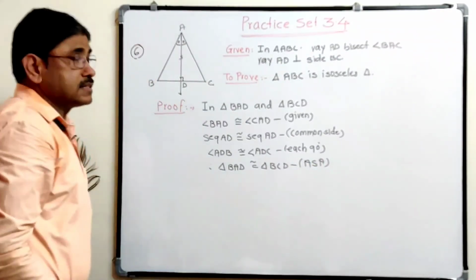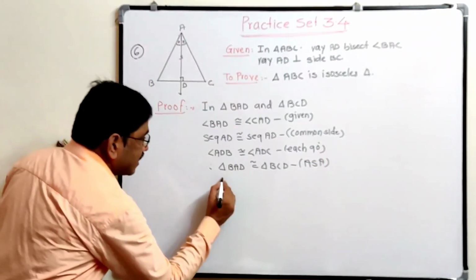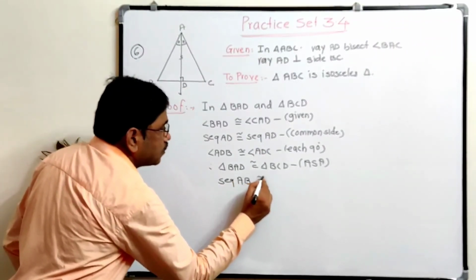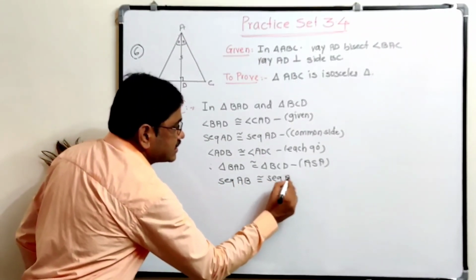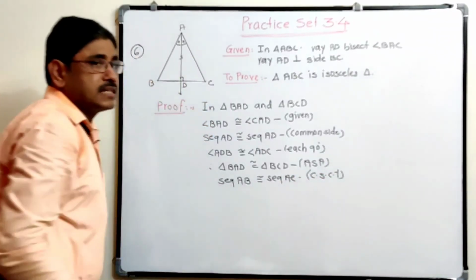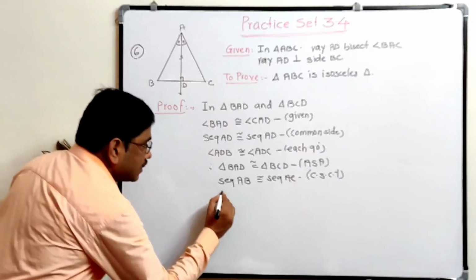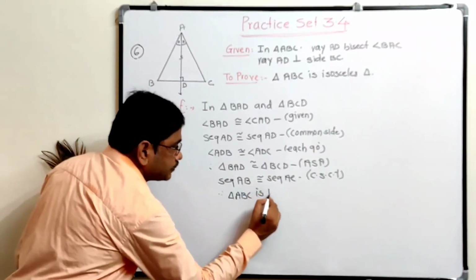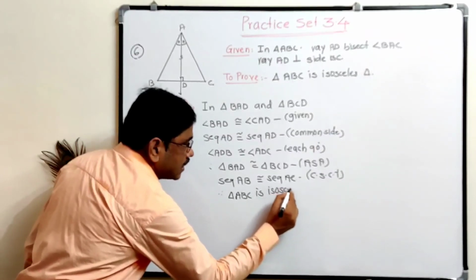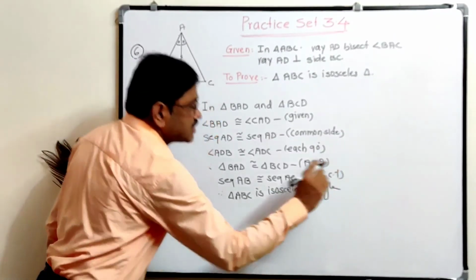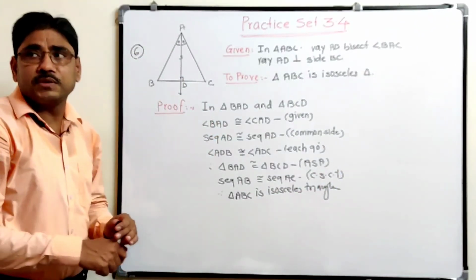And when 2 triangles are congruent, their corresponding sides are congruent, therefore segment AB is congruent to segment AC, corresponding sides of congruent triangles. Therefore triangle ABC becomes an isosceles triangle. So in this way easy sums are there, and easily we can prove this one.